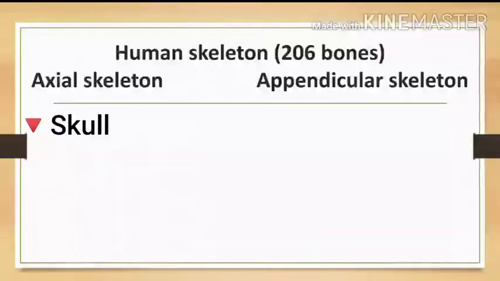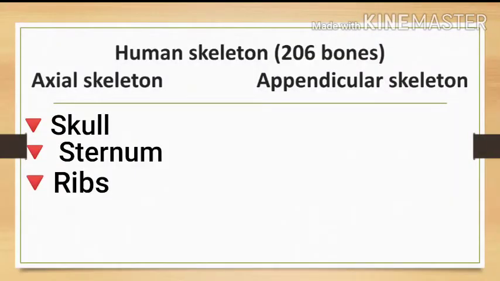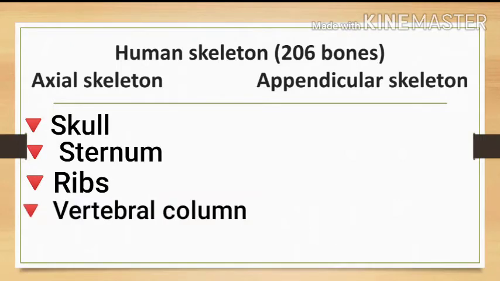Appendicular skeleton consists of bones which help in body movement. Let us see the bones included under axial skeleton. Skull, sternum, ribs and vertebral column are the bones in axial skeleton.